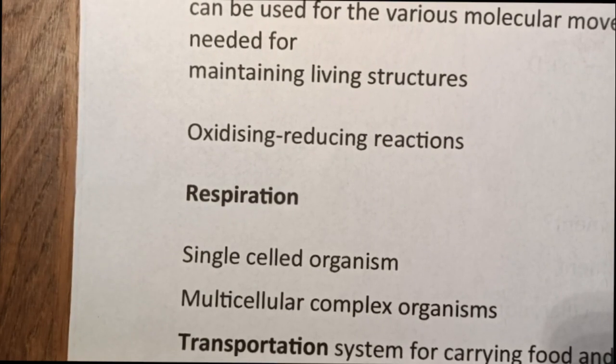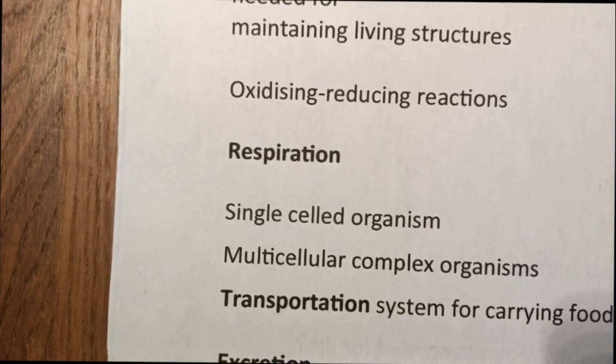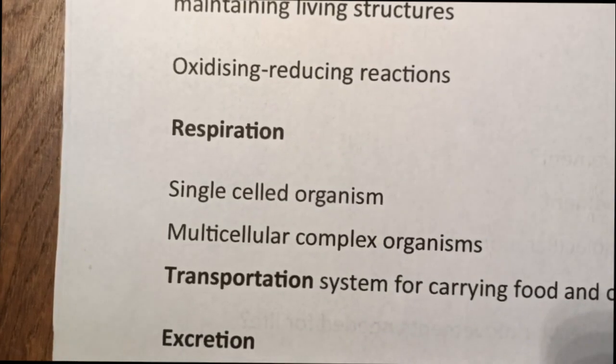For this we need oxygen. For this we need to get rid of carbon dioxide from the body, and oxygen comes from outside. So this requires food source at the cell level as well as oxygen at the cell level, and this also involves removal of the carbon dioxide that is generated at the cell level, and this takes place through respiration.